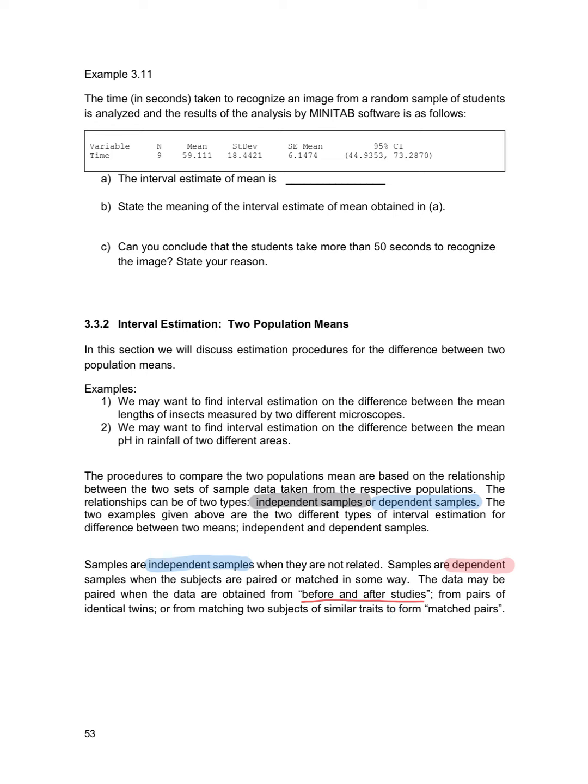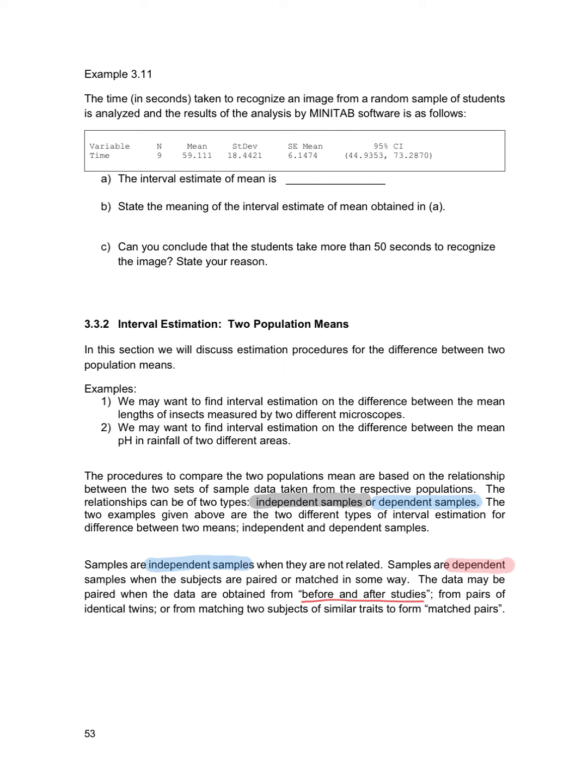So meaning that for a dependent sample, we measure a certain population twice. On the same subject we measure two times. Or, let's say the same thing, we measure two times, before and after.